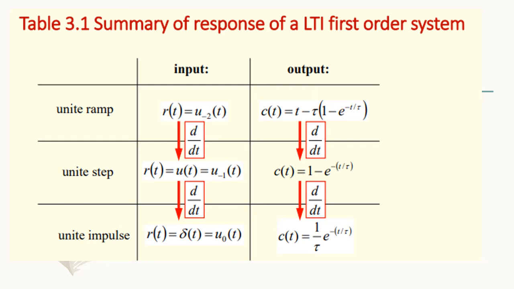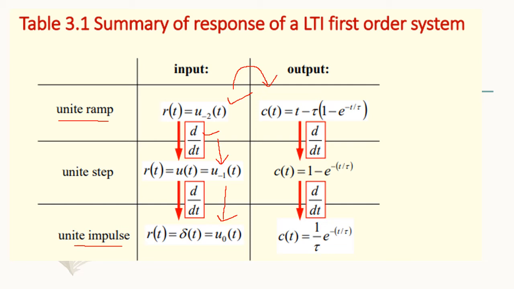So what do we understand from all this? We understood that for a unit ramp, r of t equals t u of t, if I differentiate it I get the unit step. If I further differentiate it, I get the unit impulse in the input.